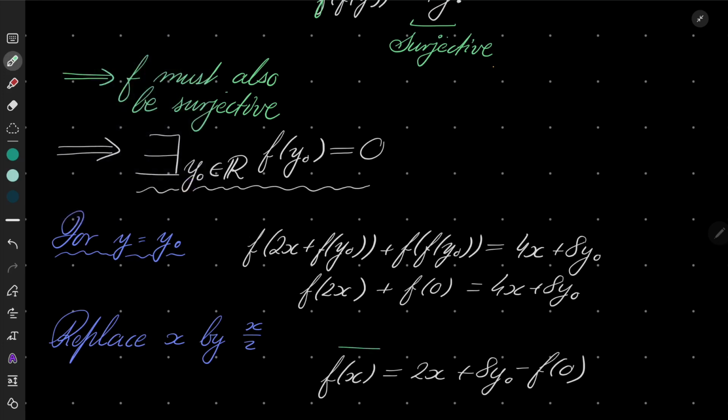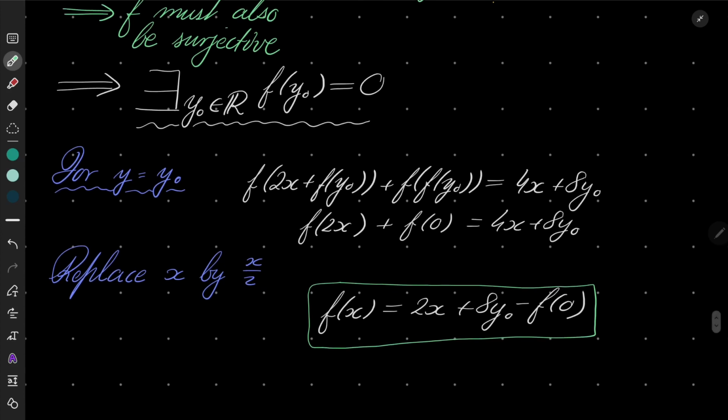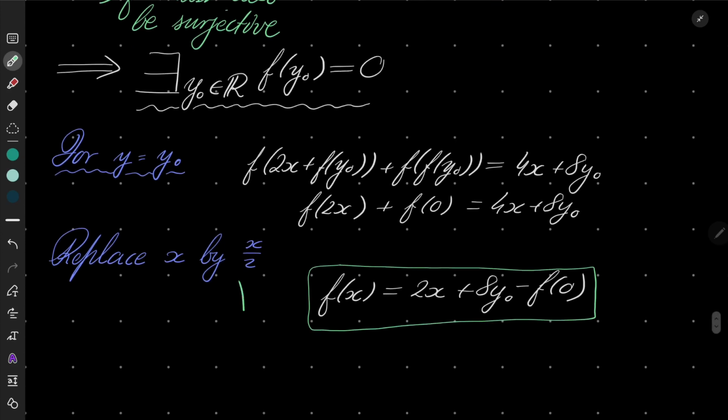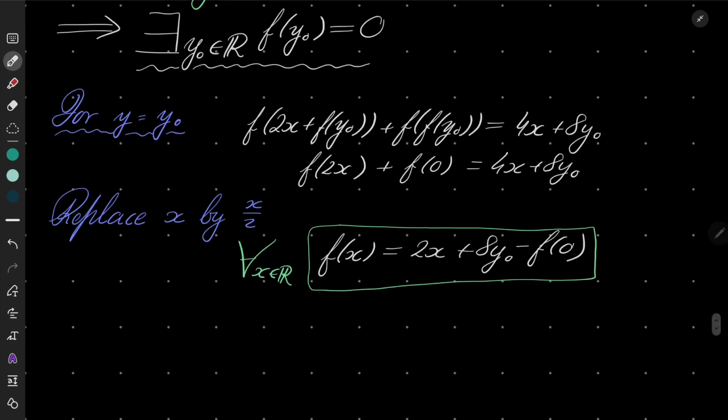So now we see that our function is an affine function, because this is true for every real number x. So we now know that f of x equals 2 times x plus b, where b is some constant.